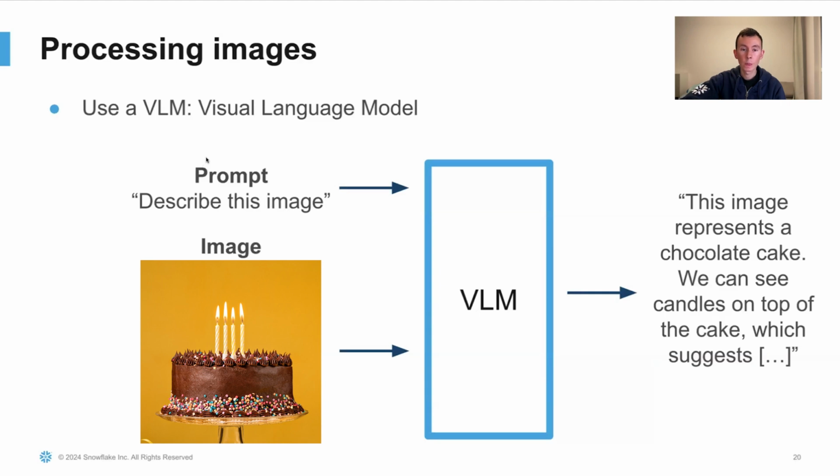And the VLM is going to give you as output a text which corresponds to the instruction that you gave in your prompt. So let me do a quick live demo.